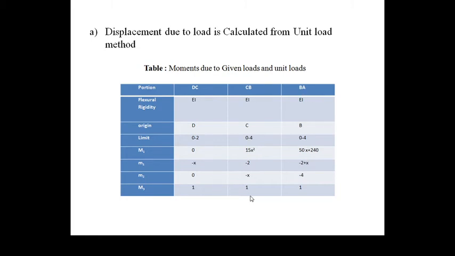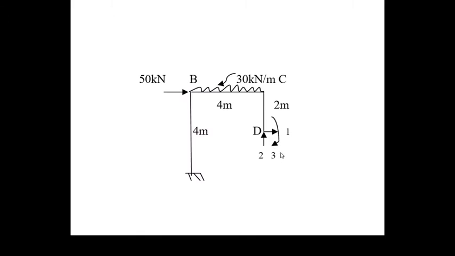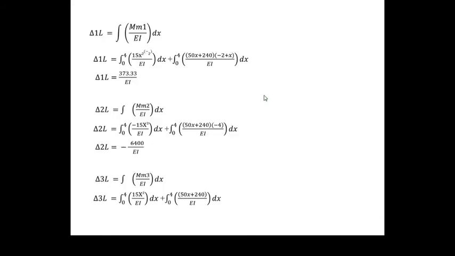This is the moment we are applying. If you are applying the moment at any joint, it will be 1 always, as a unit load. Then calculating delta 1L equal to the sum of capital M into M1 divided by EI into dx, this is the integration form.